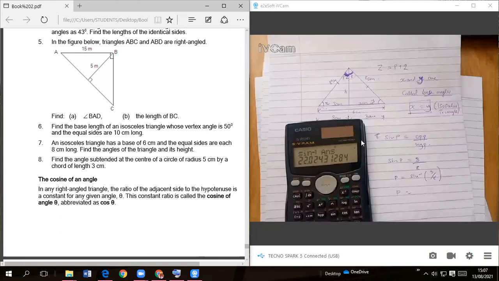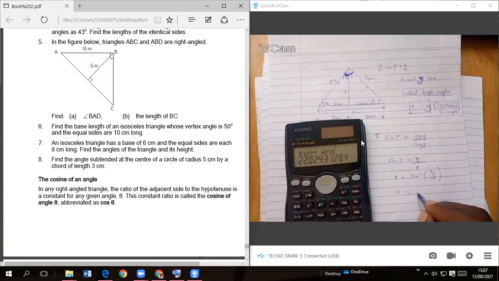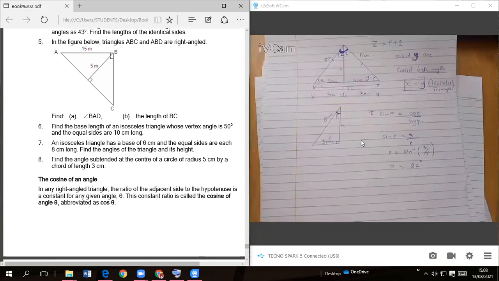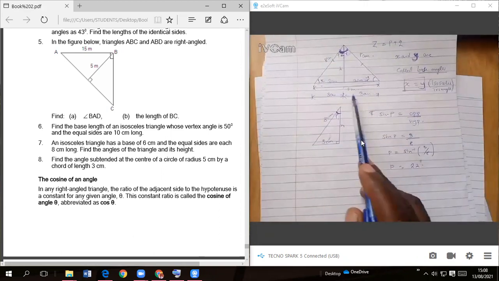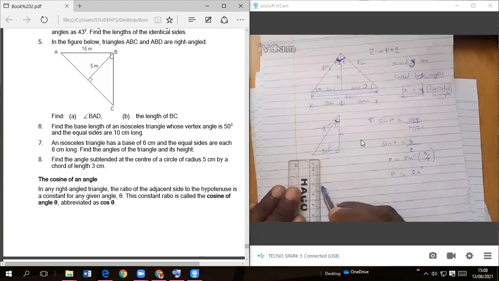Esther, did you see how I got that 22.0? I first get 3 divided by 8, then equals, then I press shift, then sine inverse and press equals. I get that. So P is 22 degrees. Now we go to the next triangle. This is the next triangle here. So I'll draw that triangle the way it is.